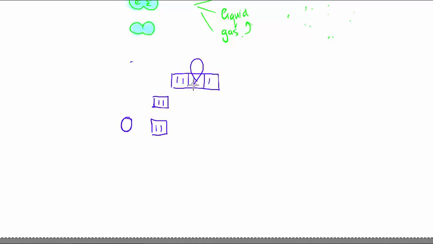I've got a p orbital here, and let's say this is the p orbital that goes out of the page and into the page. Now these all have the same center, and then here's a p orbital that goes from left to right. So there's my 3 p orbitals. This one has both. This one only has 1. This one only has 1. So I need 2 more. There's 2 orbitals that need electrons.